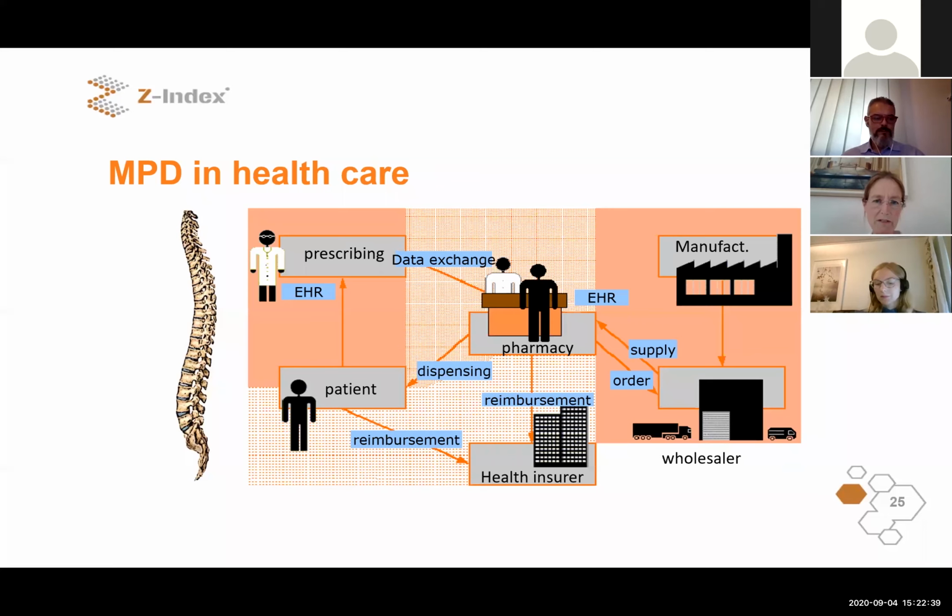In the Netherlands, for example, we have a medicinal product dictionary with licensed drugs and unlicensed drugs, and it is used for supply chain, for ordering the drugs, for prescribing, for dispensing, for reimbursement, and for nearly all processes in healthcare. Can I please have the next slide?